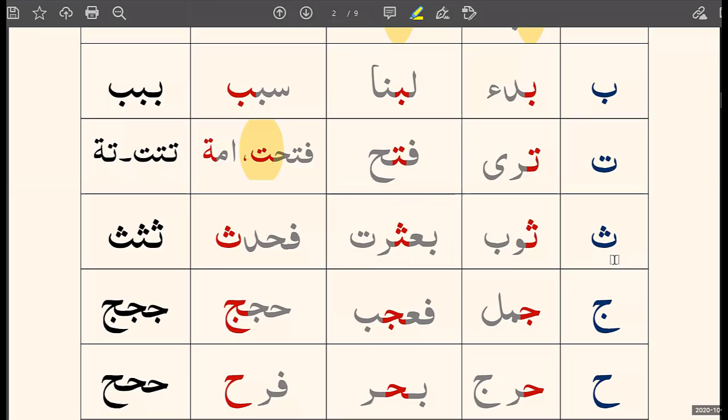Read separate letters, and whenever they are pronounced, make them a little longer, about two to three seconds. Sa, waw, ba, well done. Ba, ain, sa, ra, ta, well done. Fa, ha, dal, fa.